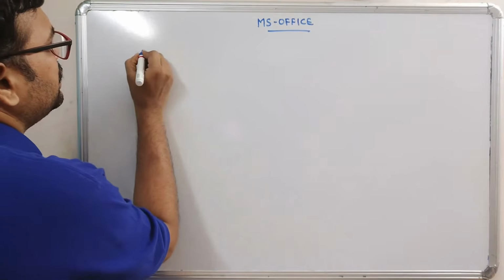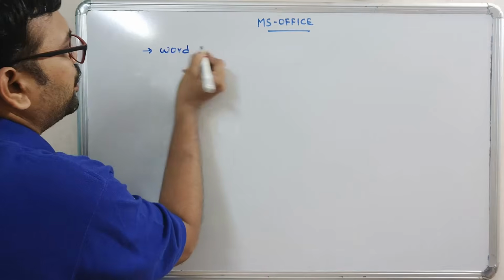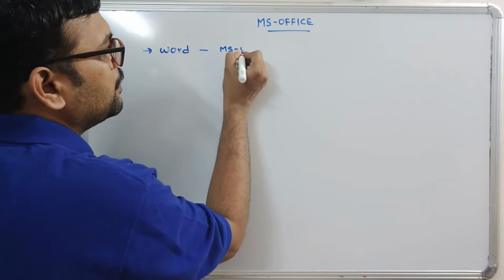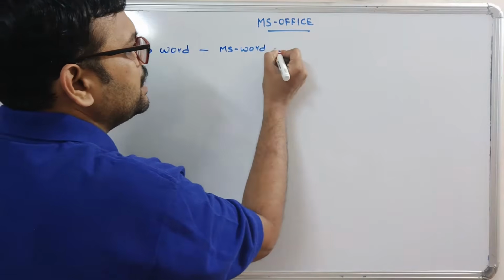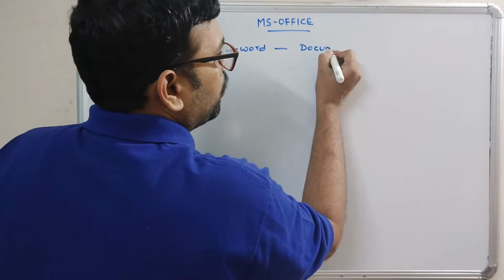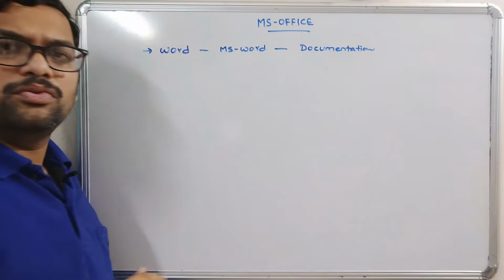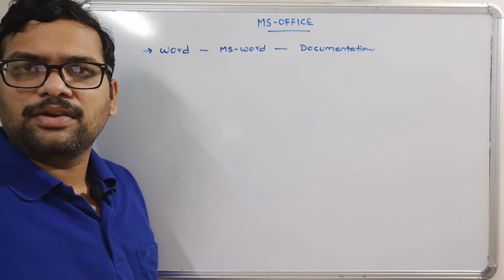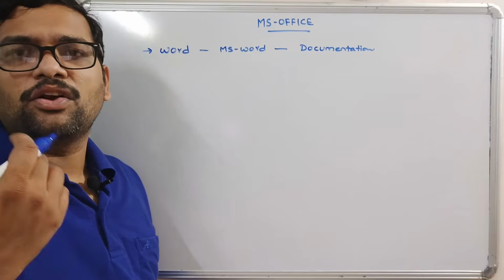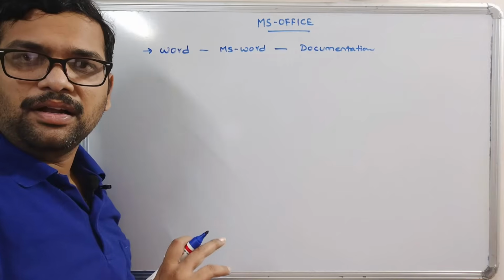The first one is Word. This is also called MS Word. Mainly this is used for documentation. Documentation means writing a letter, or writing a thesis, or any other documentation, and we'll go with MS Word.